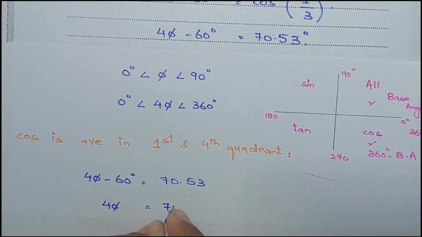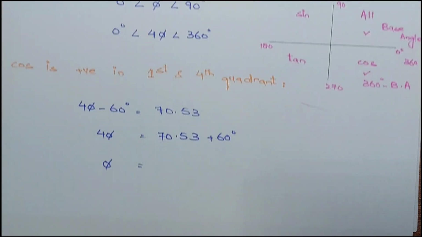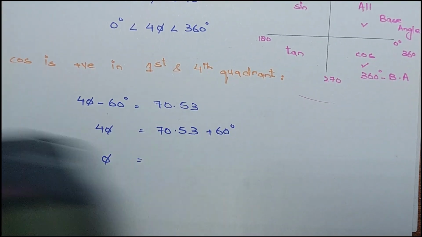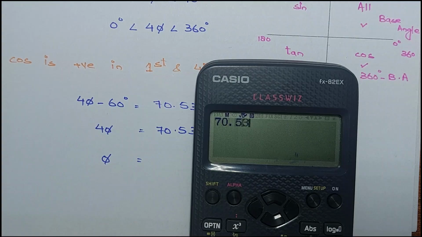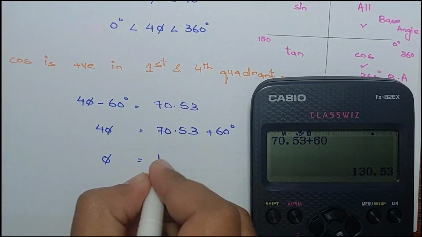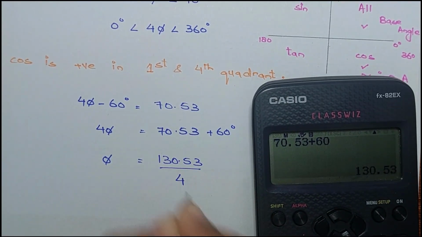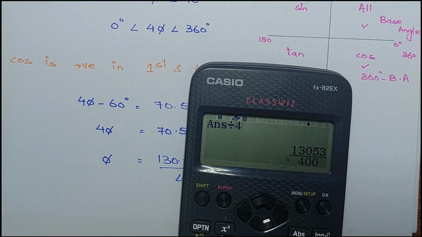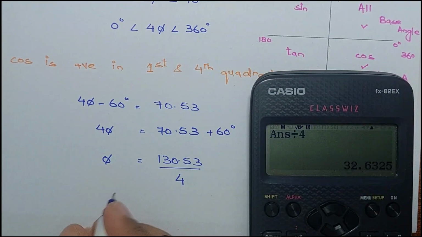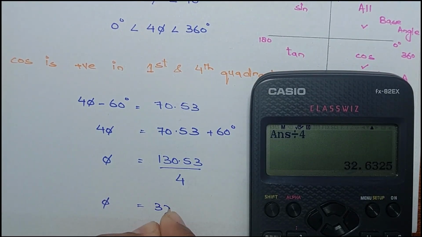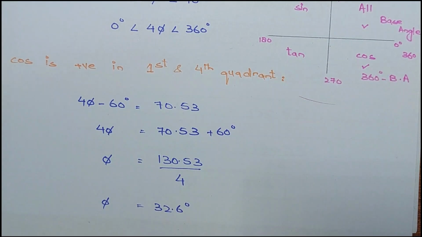Phi is (70.53 plus 60 degree) divided by 4, right? Let me simplify. 70.53 plus 60 is 130.53, and divided by 4, this is 32.6. Phi is 32.6 degrees.